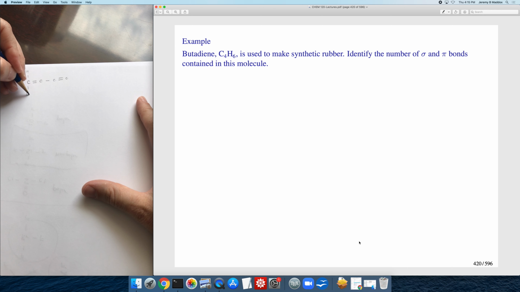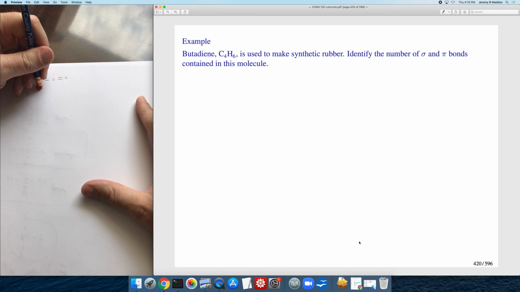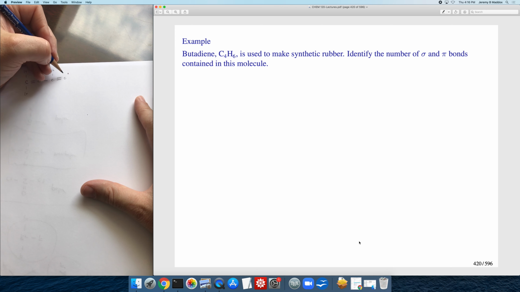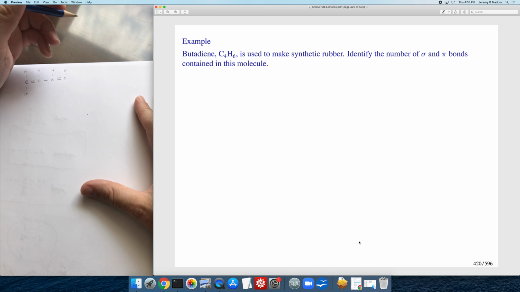Butadiene has two double bonds and one single bond between the carbon atoms. And then there are also single bonds to the hydrogen atoms. So what we want to do is count up the number of sigma and pi type bonds.